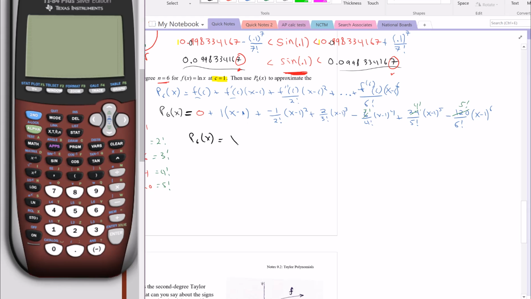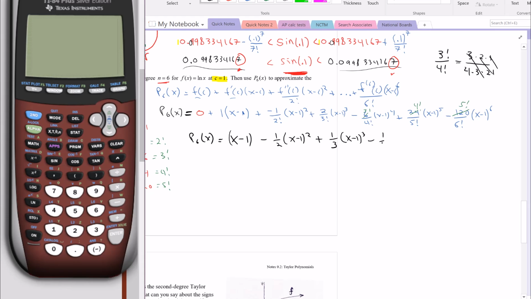We're left with x minus 1 minus 1/2 x minus 1 squared, plus 2 divided by 3 factorial is going to be 1/3 x minus 1 cubed, minus 3 factorial over 4 factorial. If you think about 3 factorial over 4 factorial, 3 to 1 over 4 to 1, so we're just left with the 4, right?